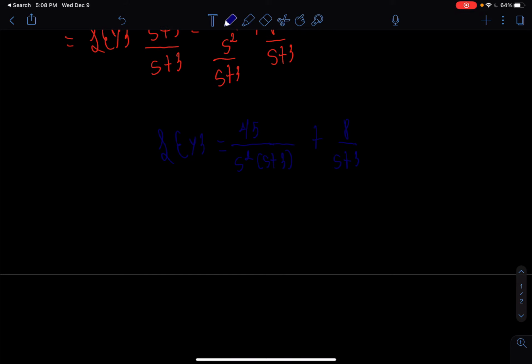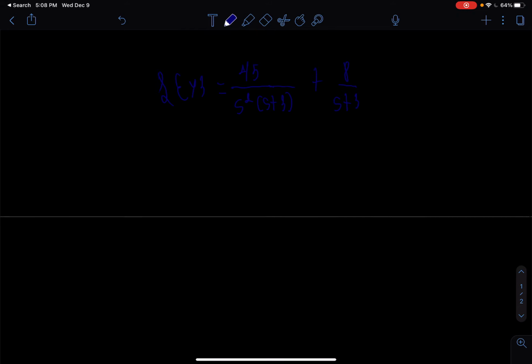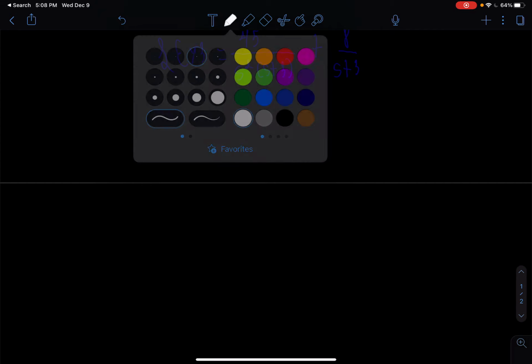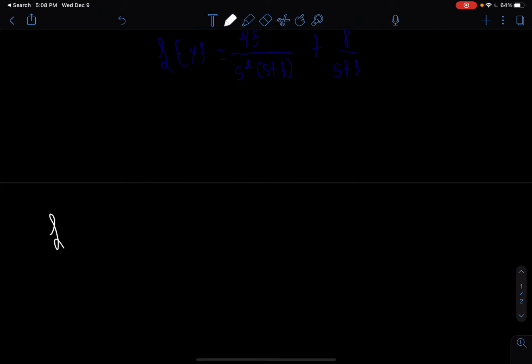So now that's how our equation is looking right now, right? Now let me rewrite this over here. We're going to have to do some algebra here, just to rearrange this, so that we can take the Laplace inverse of it.